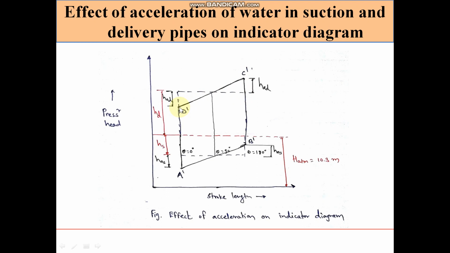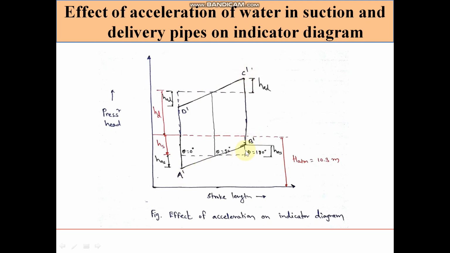At the end of the stroke, again there is a deceleration. So to create this deceleration, the pressure difference between water in the cylinder and water in the delivery pipe should be less. That's why the fluid gets retarded at the end of the delivery stroke, which is shown by HAD.